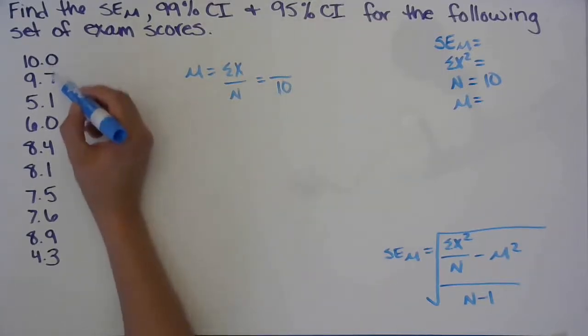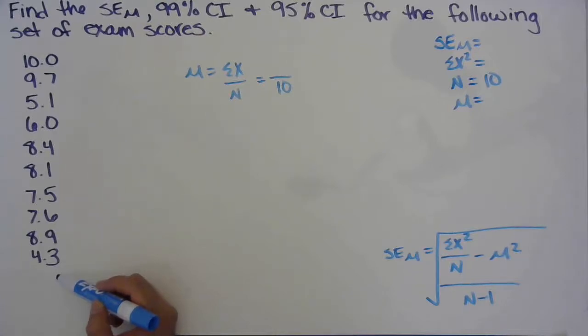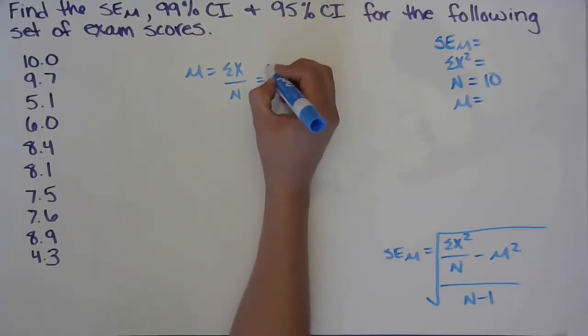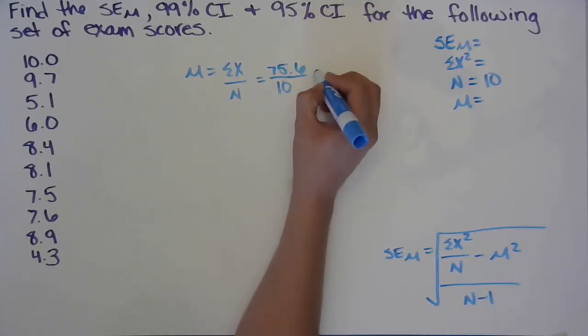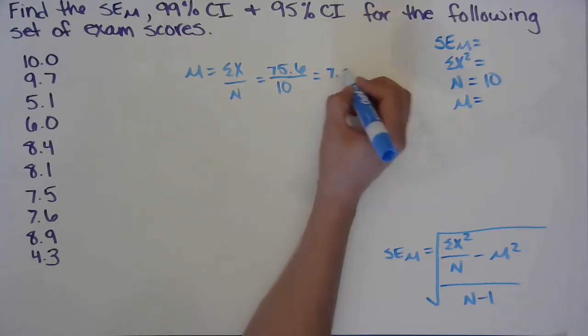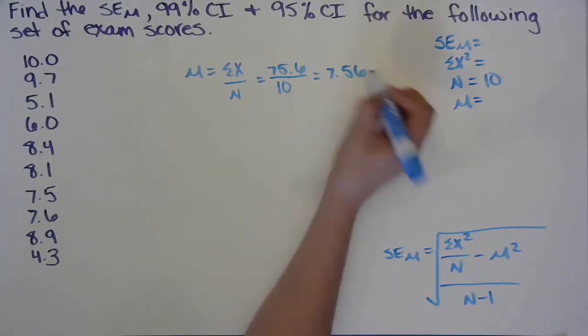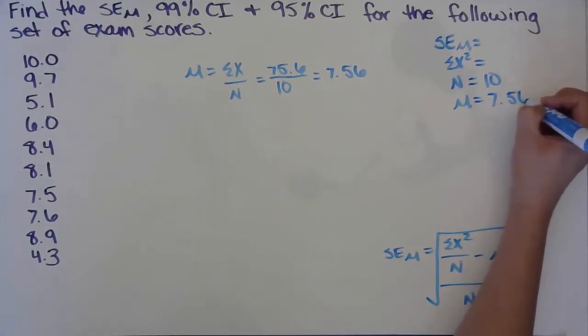So when you add all of these together, you add 10, 9.7, 5.1, all the way down to the bottom, you are going to get 75.6. Okay? And then when you divide that by 10, that will give you 7.56. Okay, so there is our mean, 7.56.